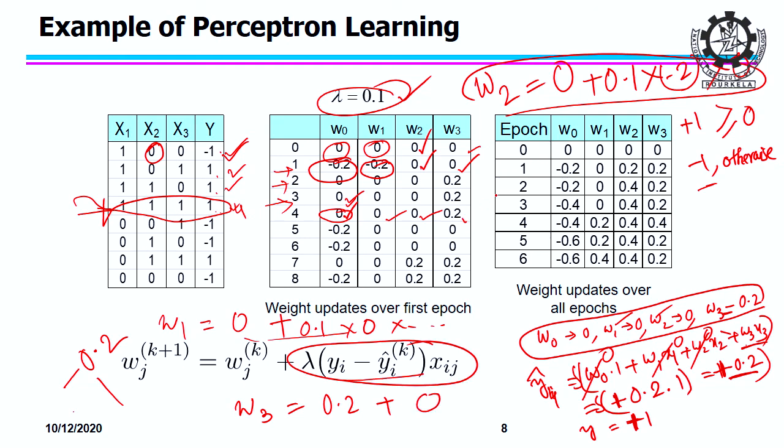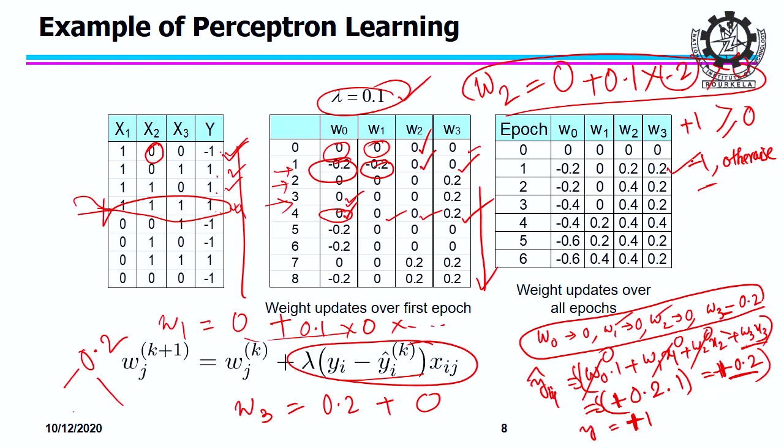So, W 3 is 0.2. Similarly, in this way we need to compute all the values here, and this is for a single epoch, that means only one iteration. So, this is the final value after one iteration, and then similarly you go for the second iteration, third iteration, fourth iteration, fifth iteration, and after the 6th iteration you see there is only a little change in the value, maybe you can accept it. So, maybe we can stop at this point.